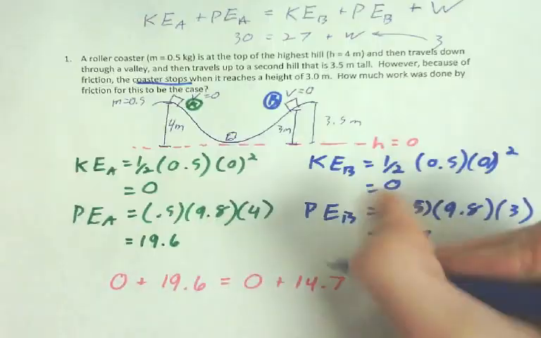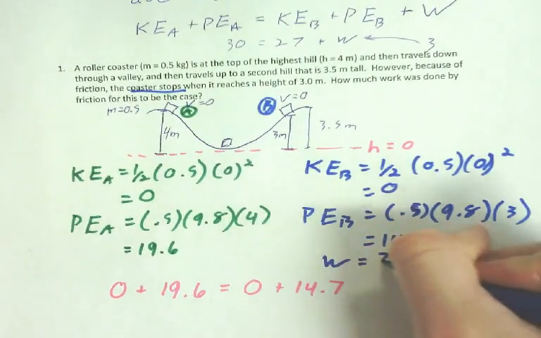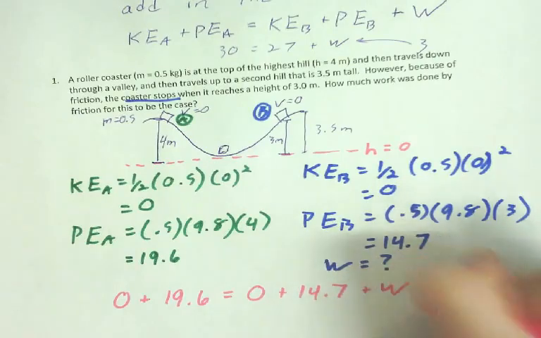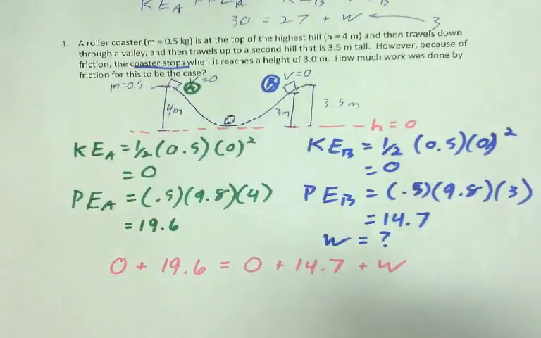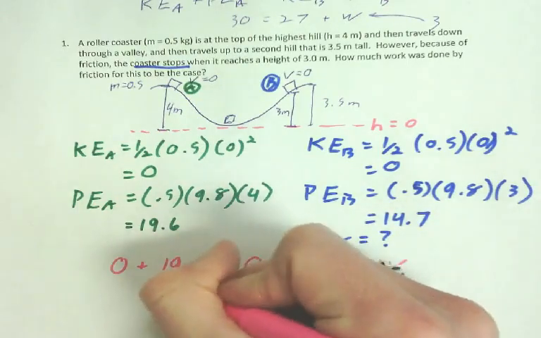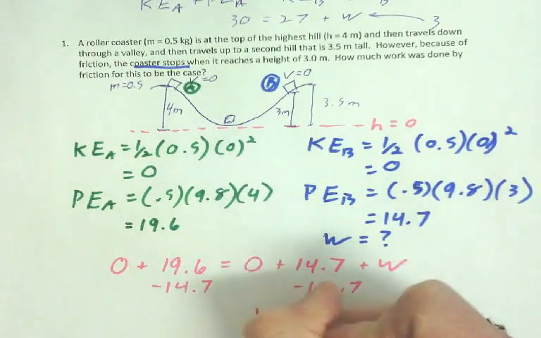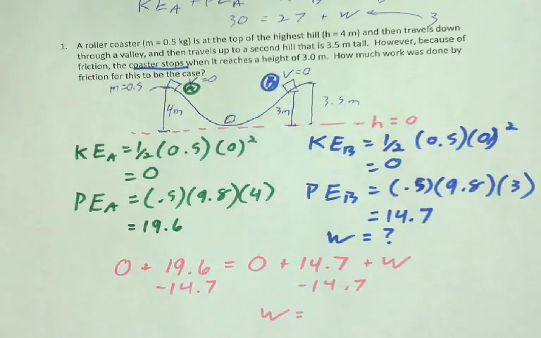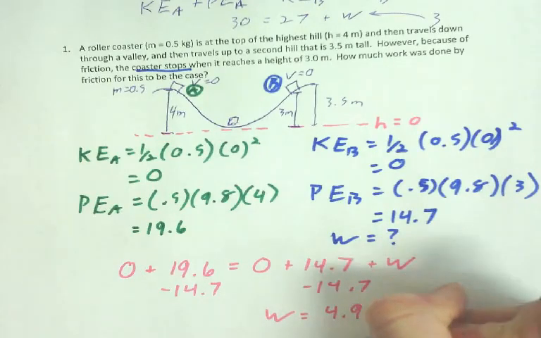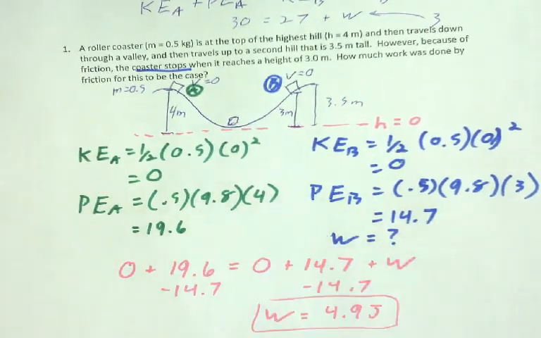Work. Subtract 14.7 over. Work is 4.9 joules. There you go.